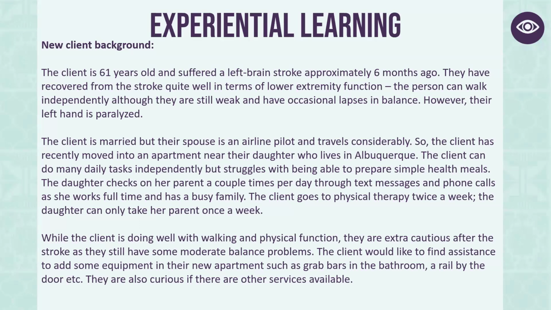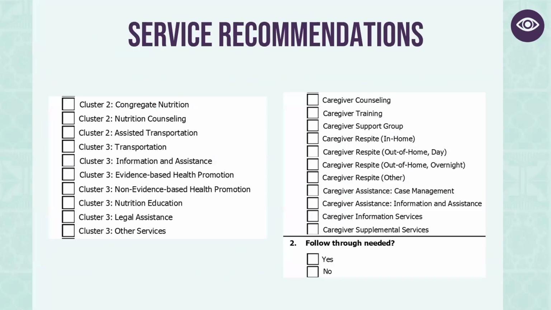So I'm going to switch the screen so you can look at the different service recommendations. All right. So this is directly from the Universal Consumer Information Tool for the cluster 2 and 3 services, as well as caregiver.